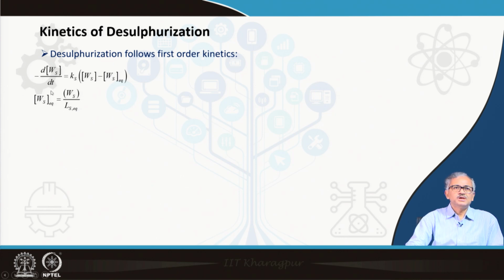And Ws equilibrium again you can write in the form of the weight percent of sulfur in the slag phase. Slag phase is defined by the first bracket and the metal phase by the third bracket.